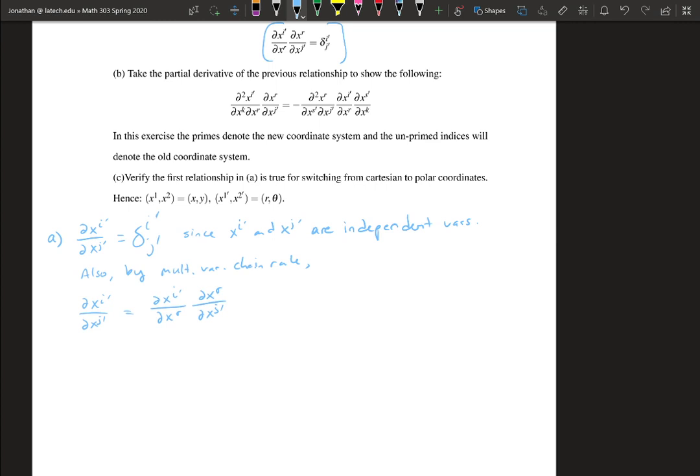And of course there's a summation happening there, so I'm skipping writing the summation symbol because I'm invoking the Einstein summation. But that's the multivariable chain rule in a nutshell. So then these two have to be equal. So partial xi prime partial xr times partial xr partial xj prime is equal to delta i prime j prime.